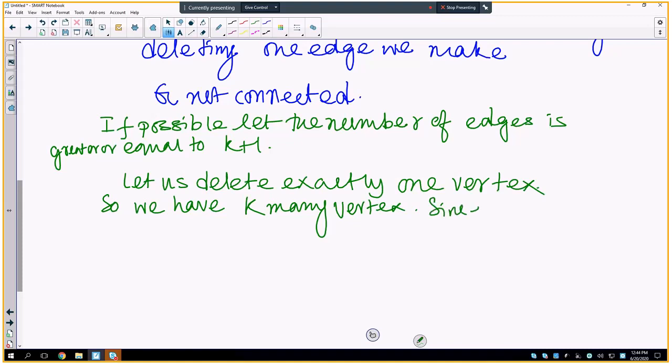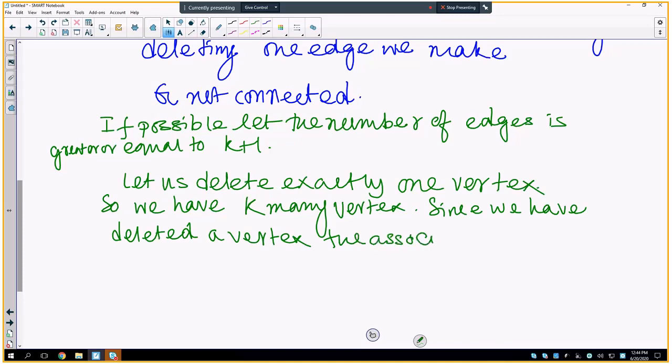Since we have deleted a vertex, the associated edge will also be deleted, and I will show you in a simple picture why this is true.